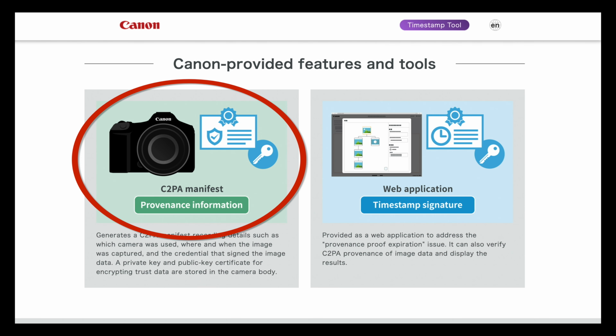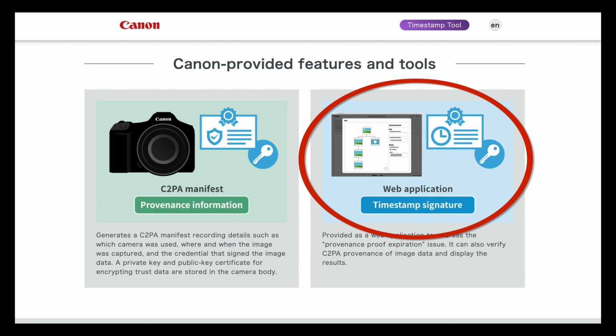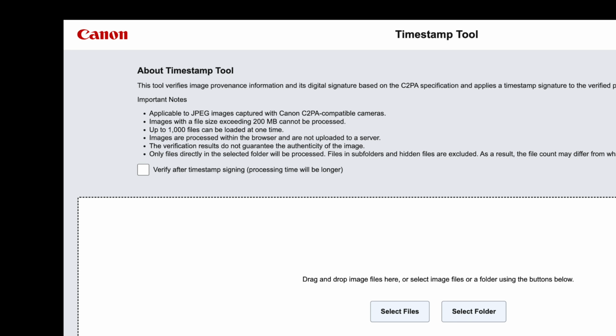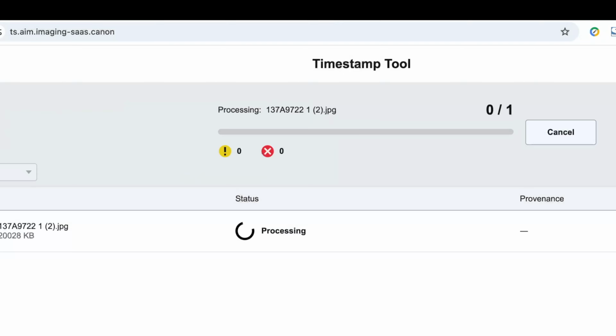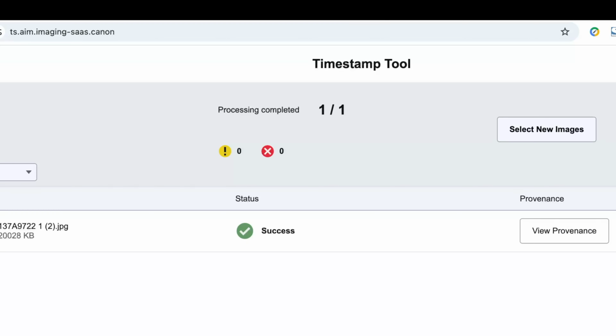So if your camera is able to produce provenance information, that's the first step, which is important. And then we have the time stamping, and let's see it in action. So again, this is open to the public. You can play with this if you want. You basically select a file, and this is a great example. It was shot and signed by a Canon camera. So if I run it through the timestamp tool, you see success.